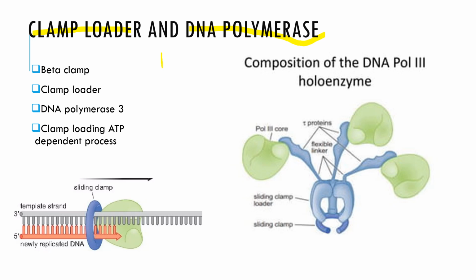That is polymerase 1, polymerase 2, polymerase 3, polymerase 4, and polymerase 5. There are 5 different types of polymerases in prokaryotes. Polymerase 1 has polymerization activity and exonuclease activity also.